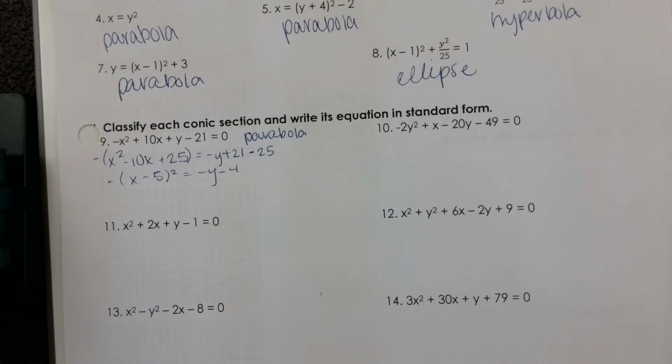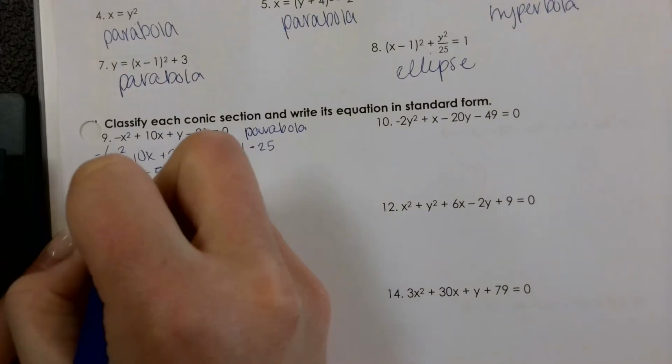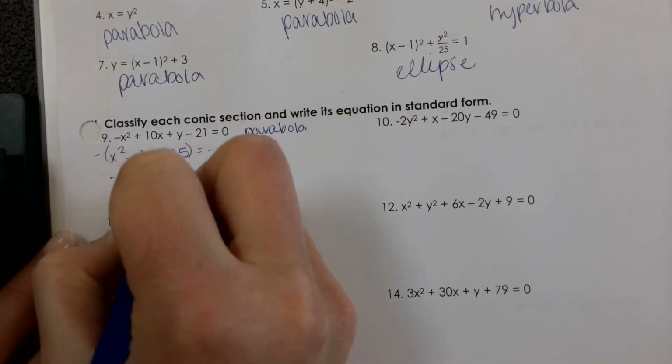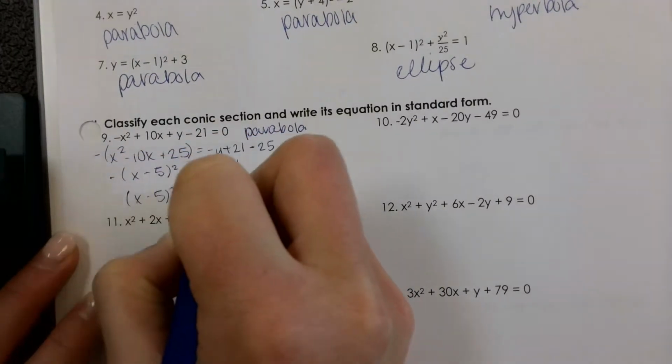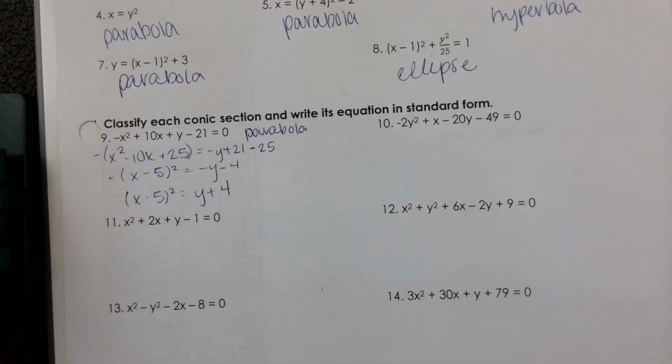So the last thing that I would do there, what do y'all think? I would divide by negative 1 just because that's going to make it look a little bit nicer. So we can have x minus 5 all squared equals y plus 4. And that's it. Is that okay? Questions?